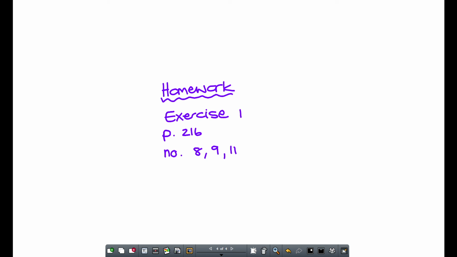Onthou heel aan die begin van die oefening sê hulle in die eerste 12 vrae is O die middelpunt. So O is always the midpoint of the circle. Determine with reasons the values of W, X, Y, and Z. Jy moet hierdie hoeke in alfabetiese volgorde bepaal. Die hoek W moet net in vraag 4, 5, 6, 8 en 10 bepaal word.